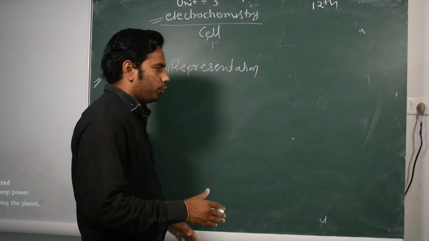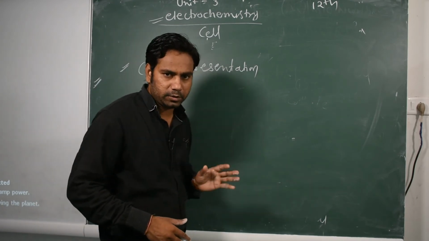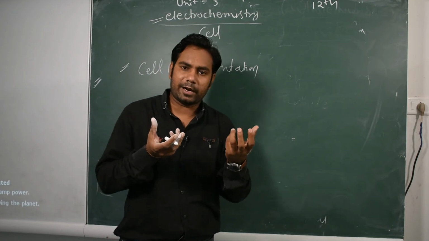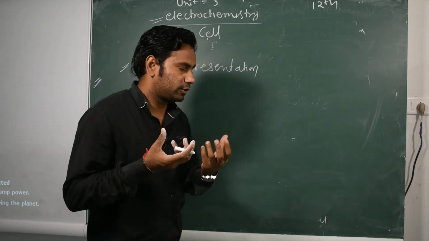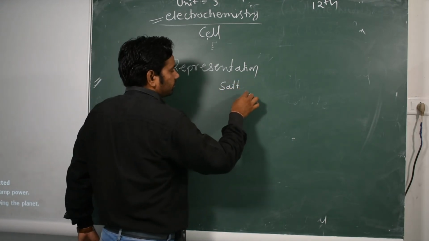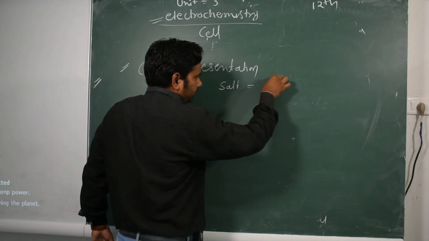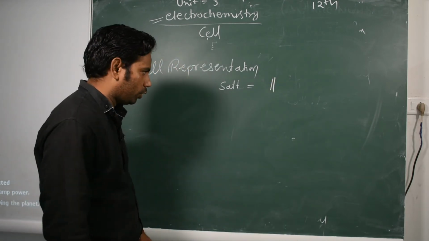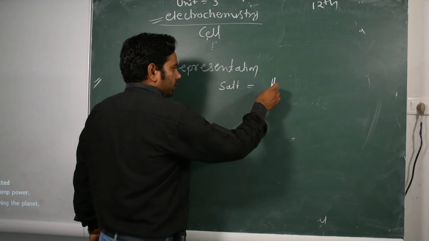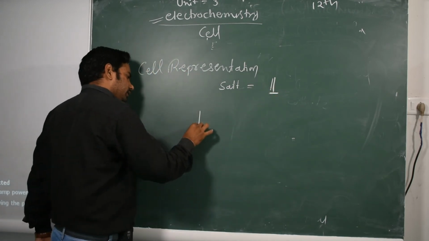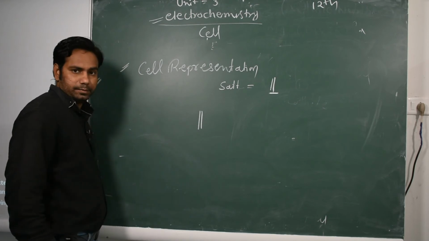You use one salt bridge connecting both electrode solutions, the electrolytic solutions. The salt bridge is mentioned by a double vertical line. Clear? This salt bridge we mention in the center of the cell.